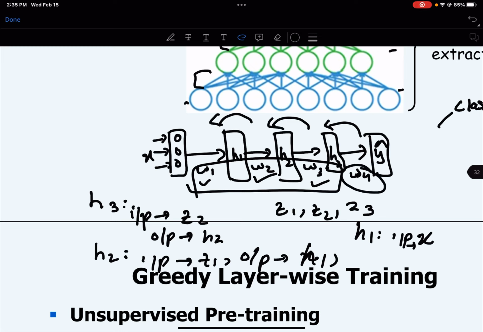Now what we are left with is to train this W4 matrix, these tensors, and give the classification layer here.